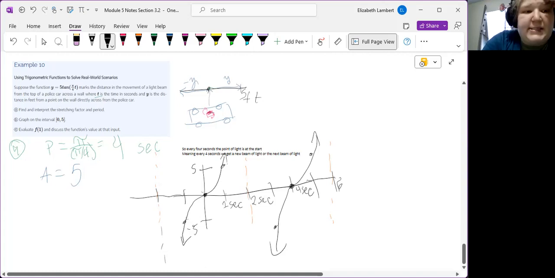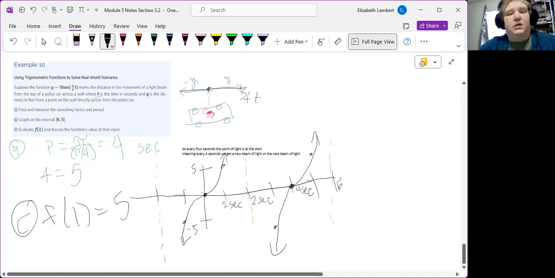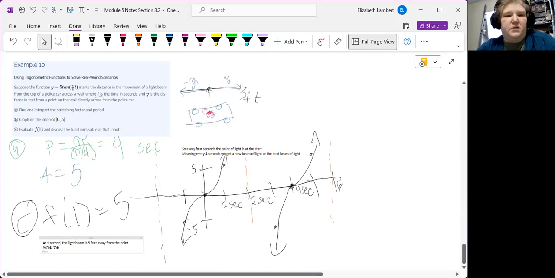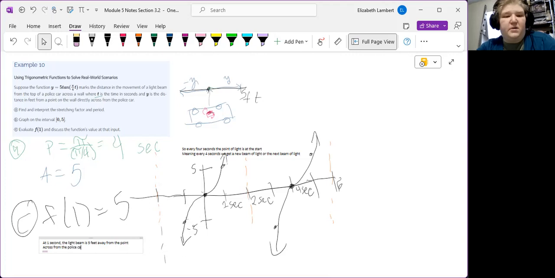All right, so we kind of did see here, evaluate f of 1. f of 1 is 5. So that means at 1 second, let's say the light beam is 5 feet away from the point on the wall across from the police car.